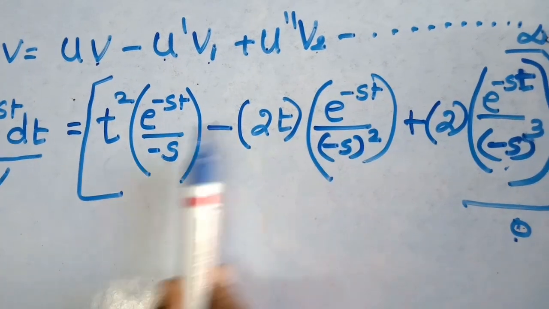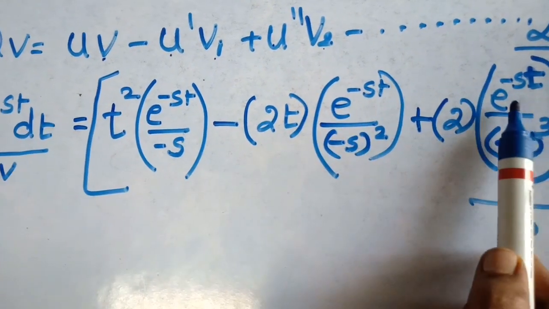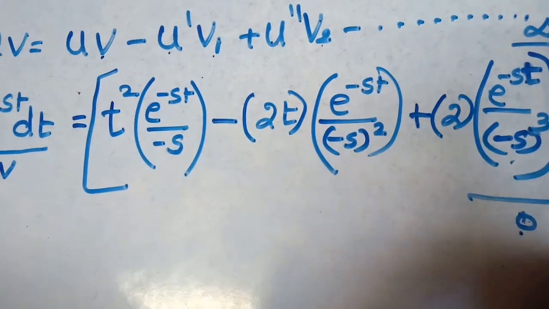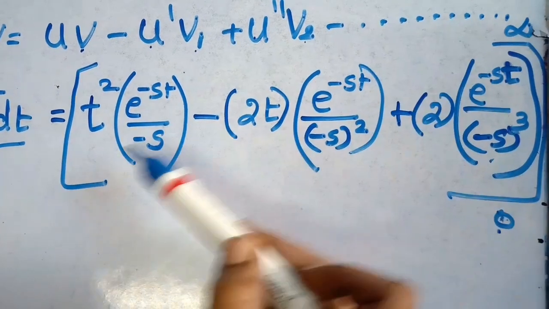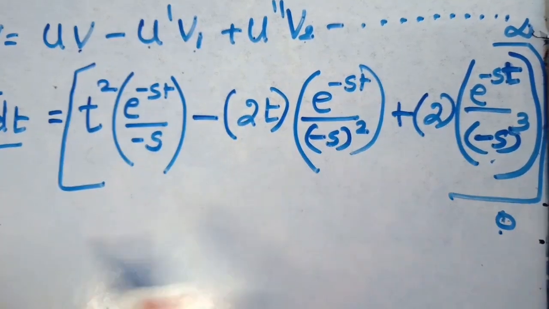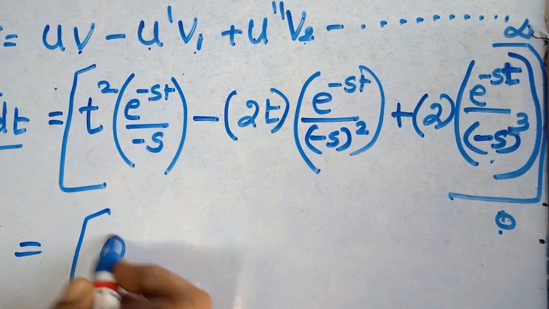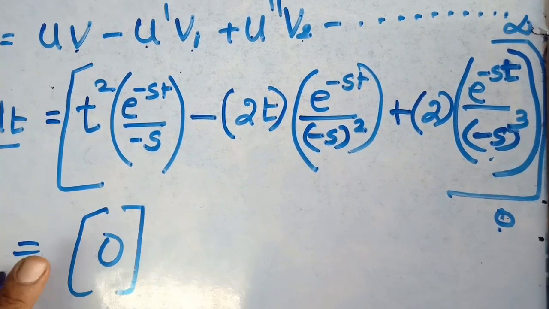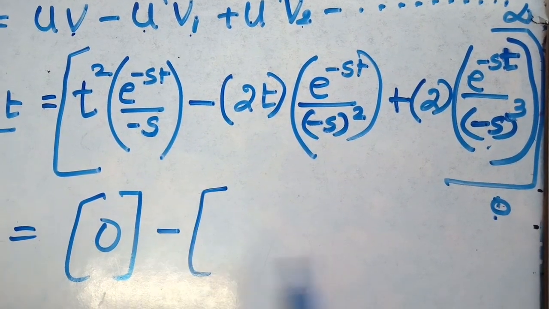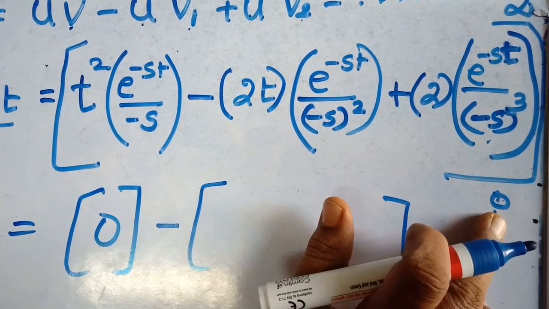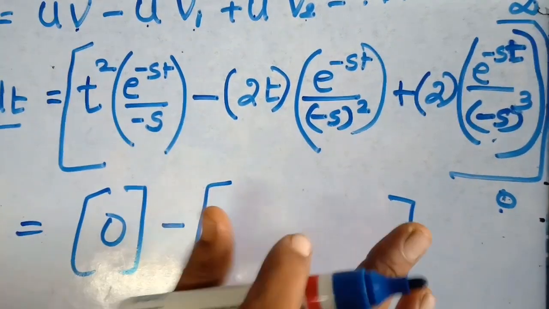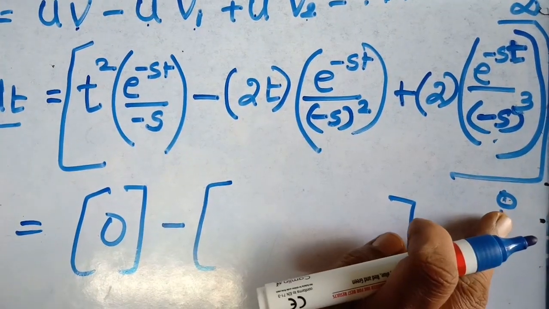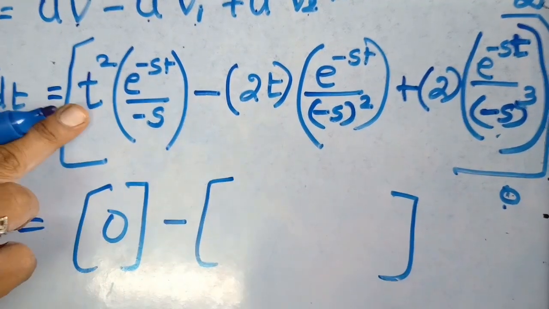In all the terms we have e power minus st, e power minus st, e power minus st, so when we apply the upper limit every term becomes 0. So 0 for the upper limit minus the lower limit. The lower limit is 0. We have integrated with respect to t, so you have to substitute 0 for t only.